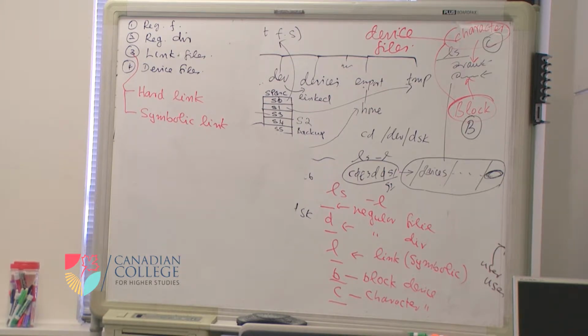What is the difference between hard link and soft link? Soft link is like a shortcut, symbolic link. Hard link is something physical, the physical path. Hard link is exactly the same file.